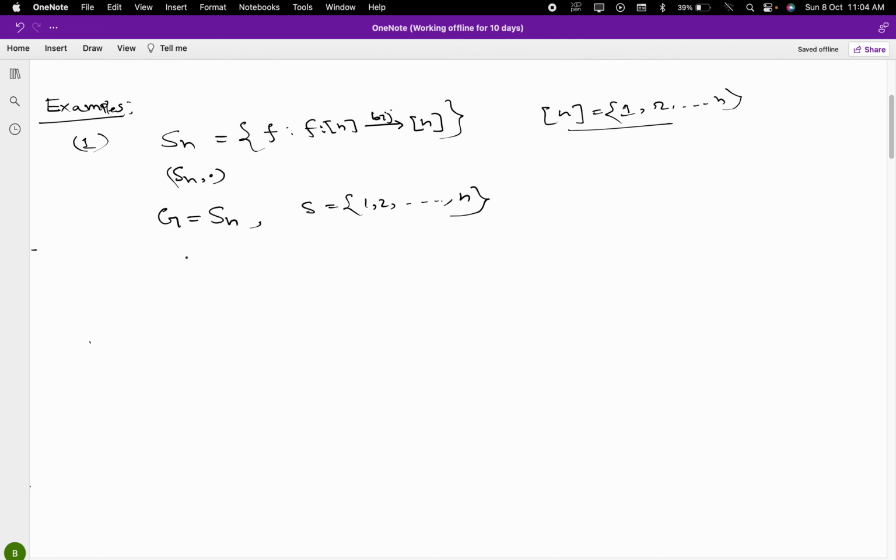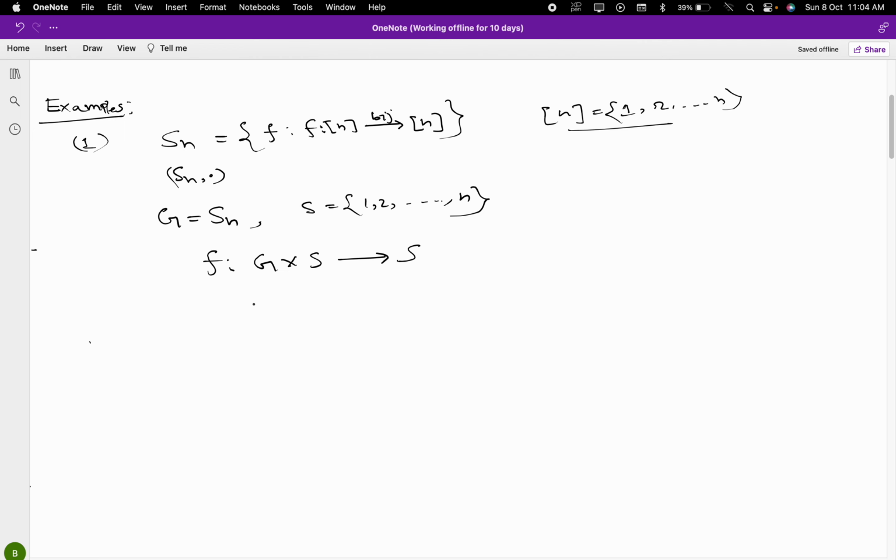Okay, so let us define a function. Sn is actually G, so you can take G cross S to S. How will I define this function?